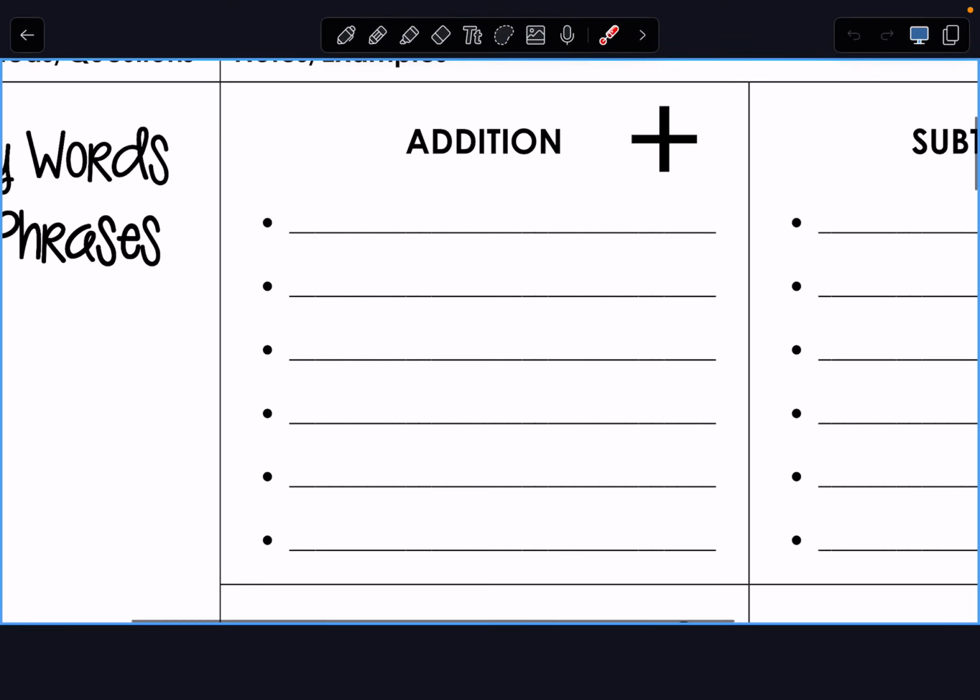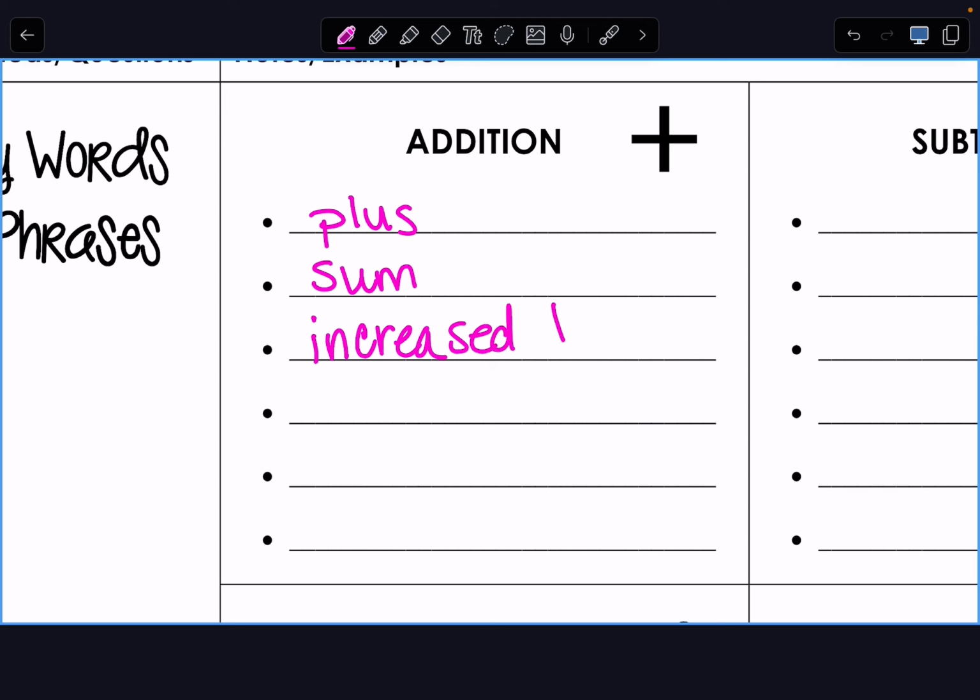Addition. When we see them, we know that they mean addition. So, okay, add would be one. I feel like that's a little obvious. Plus, sum. What was another word we saw in that warm-up? Increased by. There it is.